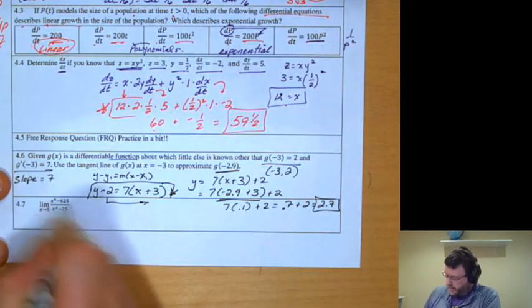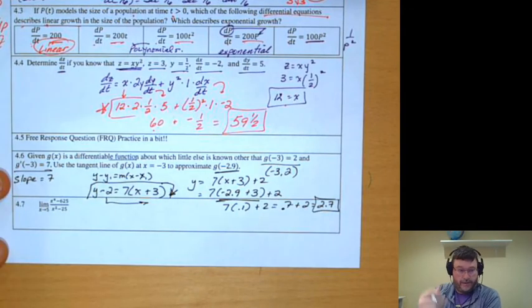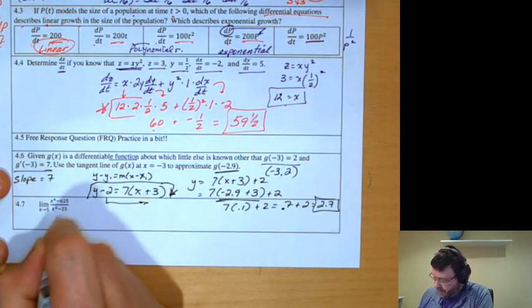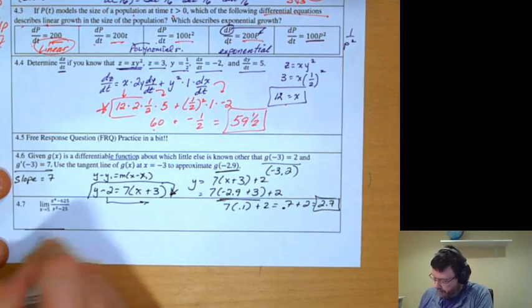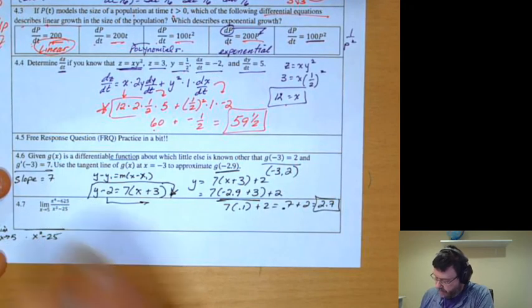All right, the limit. I just talked about L'Hopital's rule, or if you haven't watched that video, L'Hopital's rule is ahead. If I direct substitute, I get 0 over 0, so that's my indeterminate form. If I look at the limit as x approaches 5 of x squared minus 25, I know that I can factor something out.